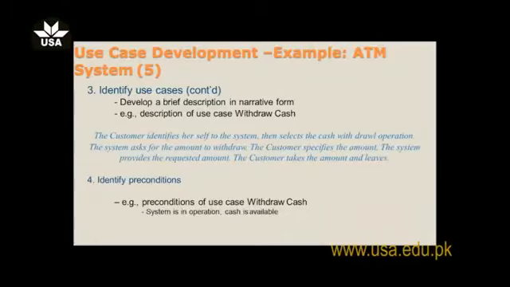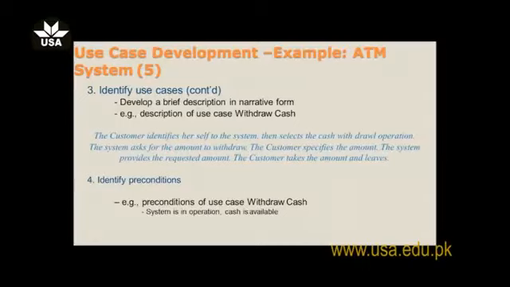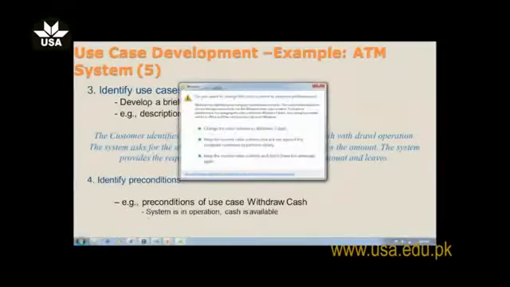For example, use case withdraw cash: how you can withdraw the cash, how you can deposit the cash, how you can choose multiple options to withdraw the cash from the ATM machine. So these are all types of descriptions of a particular use case, or you can say the functional requirement.